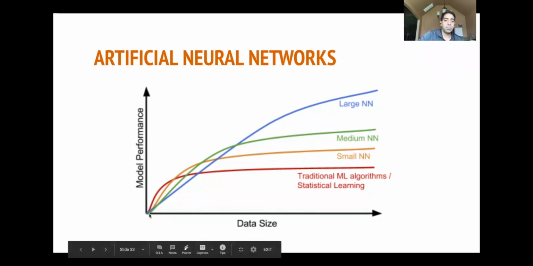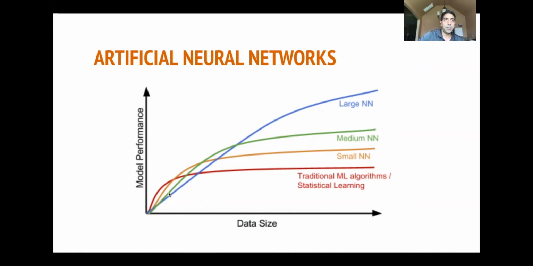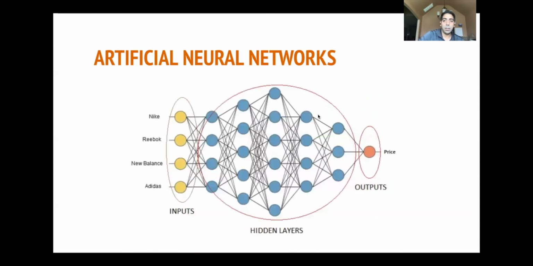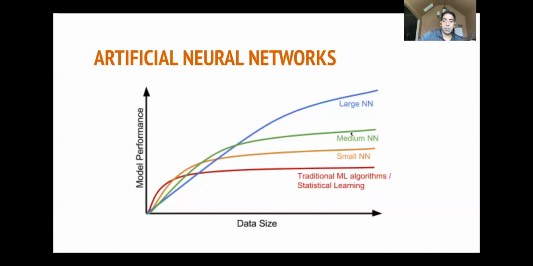But at some point, you can keep giving it as much data as you want and they don't improve as much; they plateau. Small, medium, and large is just how many hidden layers you have.